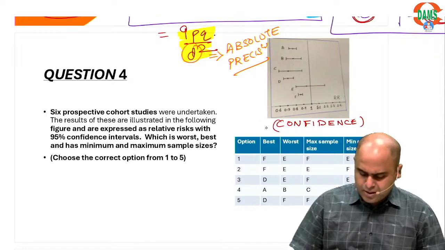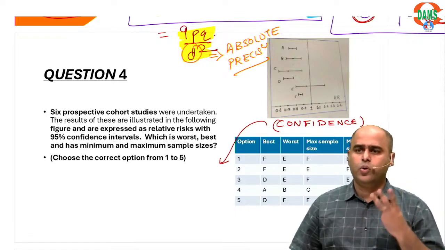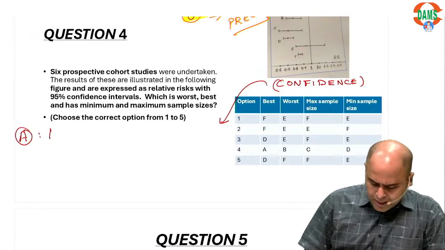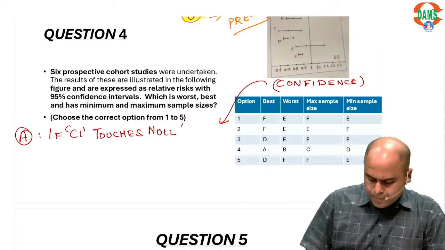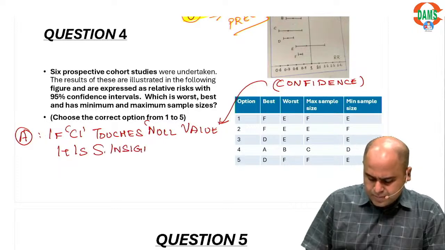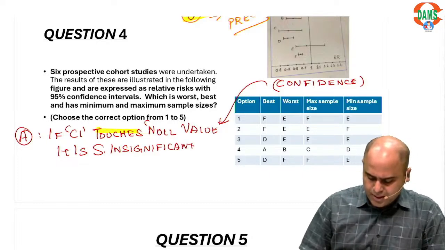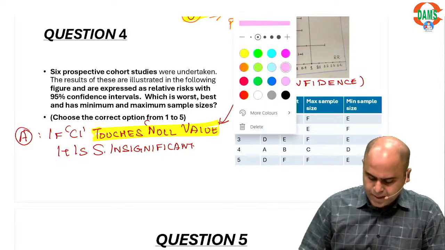Now to interpret this image, we have 3 rules: rule A, rule B and rule C. Now rule A, if CI touches null value, it is statistically insignificant. Now please pay attention, touches the null value, it is statistically insignificant.